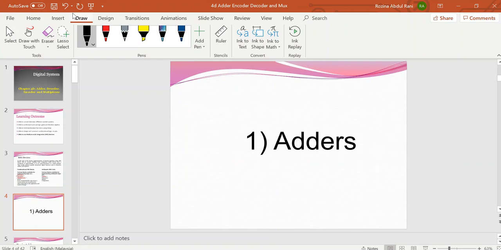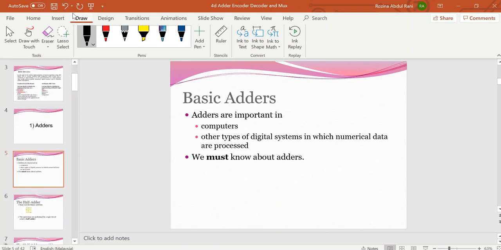The first MSI device we will cover is adders. So what is an adder? An adder is a digital circuit that performs addition of numbers. In many computers and other kinds of processors, adders are used in the arithmetic logic unit, or ALU.